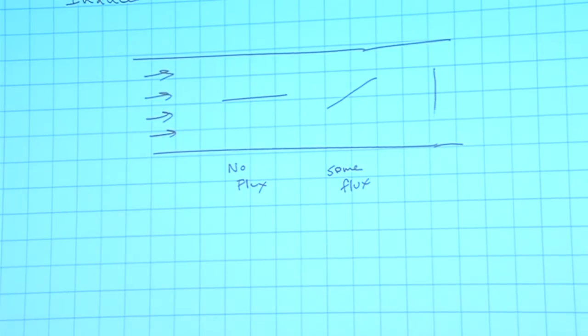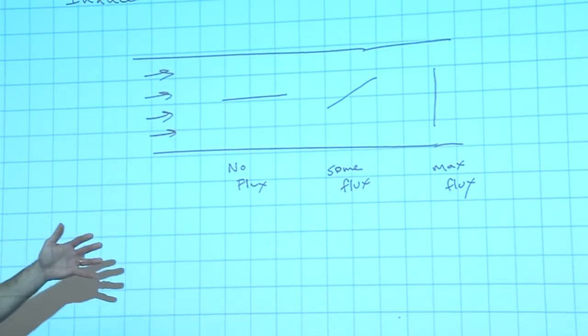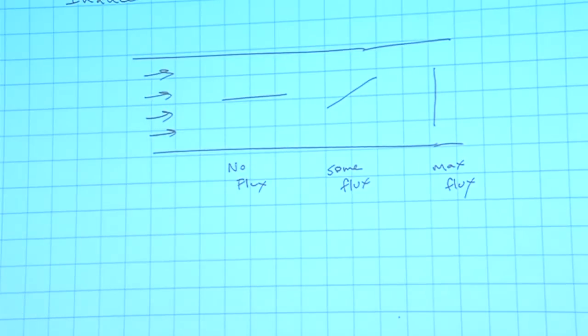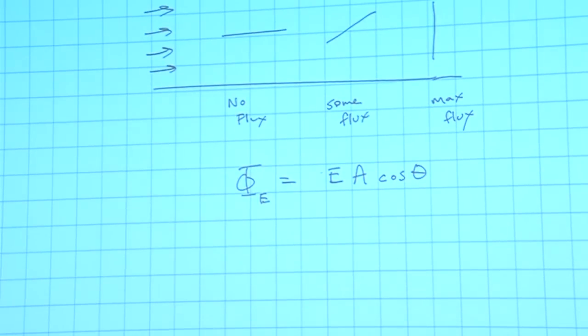And if you put it in perpendicular, you have maximum flux, right? The maximum number of field lines penetrating the surface area. And what does it depend on? So remember, the electric flux was E times the area times the cosine of the angle between them, right? Why the cosine?